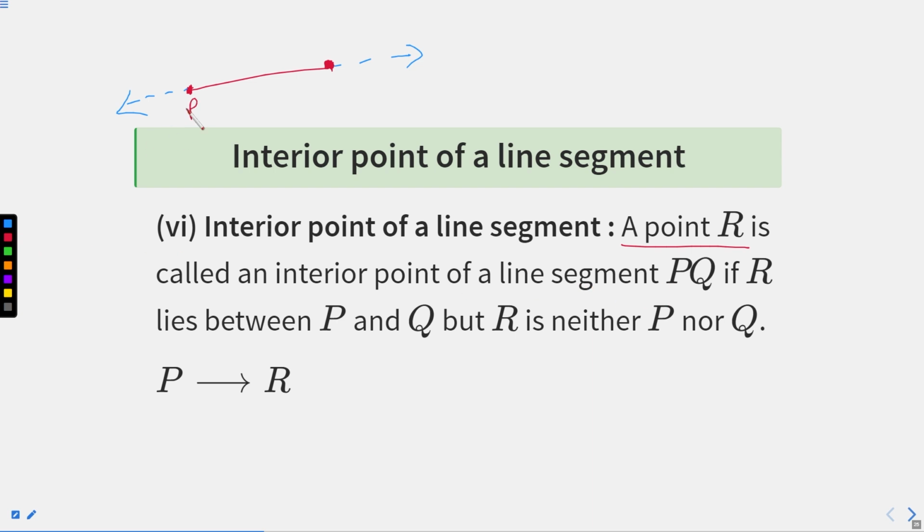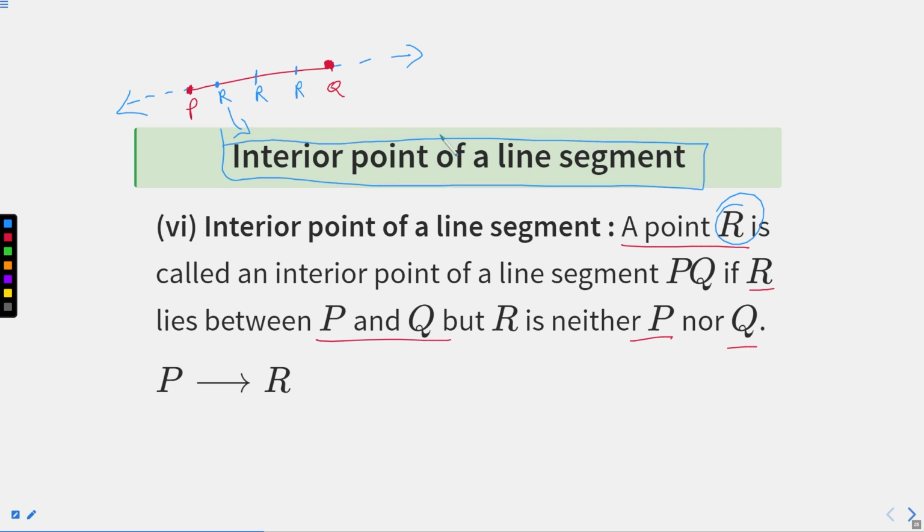Let's say this end is P, this end is Q. Then R lies between P and Q, but R is neither P nor Q. If R is interior, this means R must be in between. R can be here or here or here. If this happens, then we can say R is an interior point of the line segment PQ. I hope this is clear.